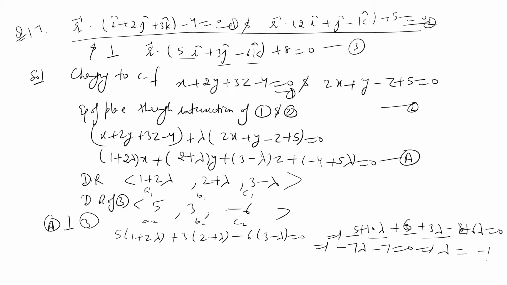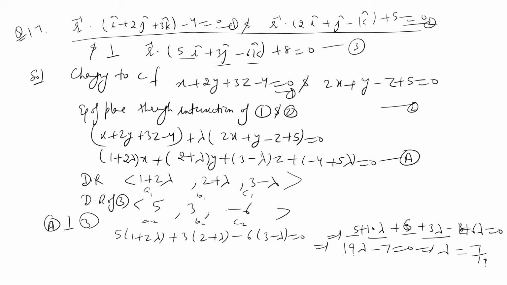So this is 5 plus 6, 11, and 11 minus 18 is minus 7. All the lambdas are in plus sign, sorry. It is 10 plus 3 plus 6, that is 19. So this always suggests that you should check it first. So lambda is going to be plus 7 by 19.